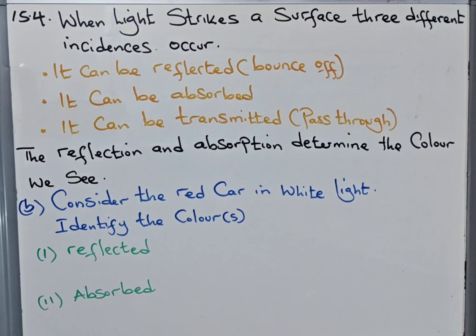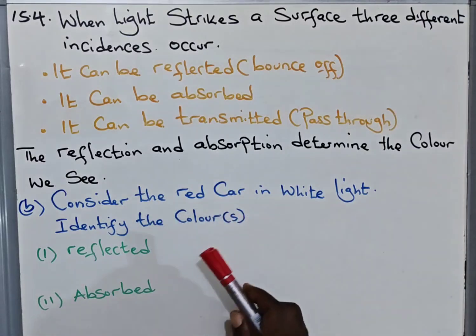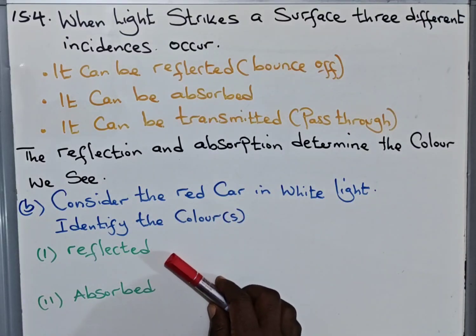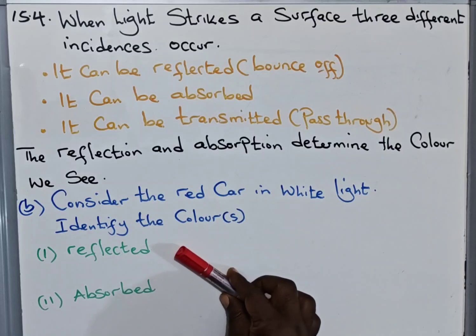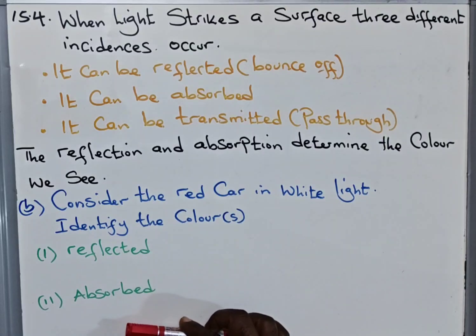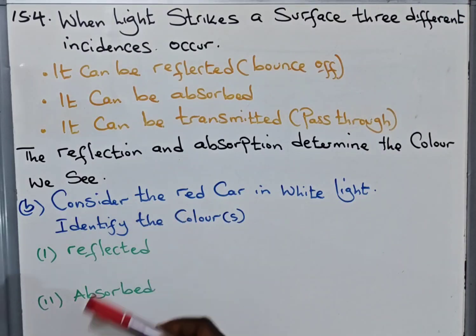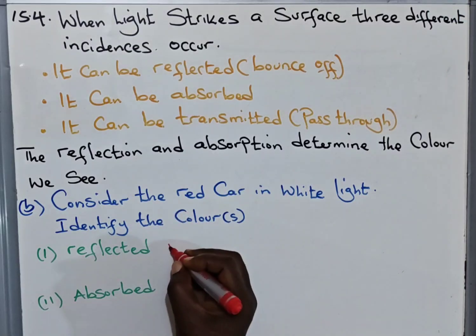So which color or colors are or is reflected or absorbed? Like we said before, the color of the material we observe is the one which is reflected. So which color is reflected? It's going to be red.